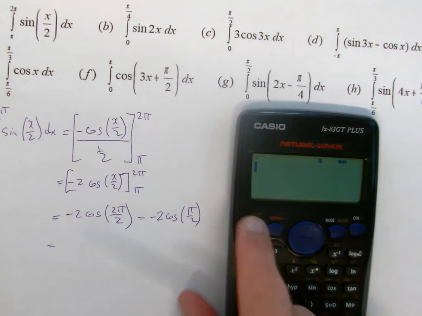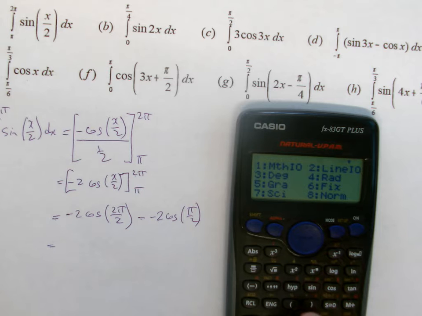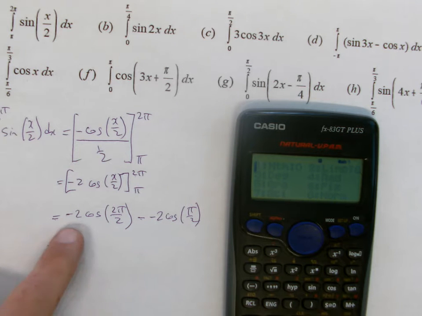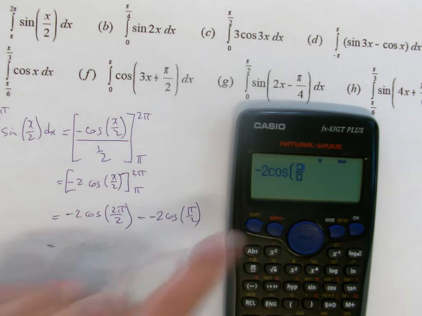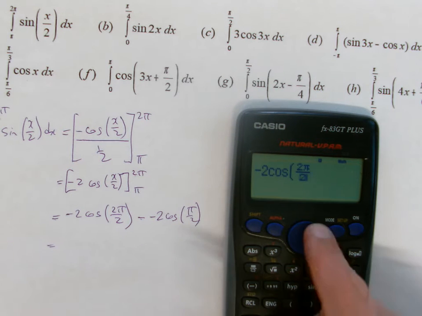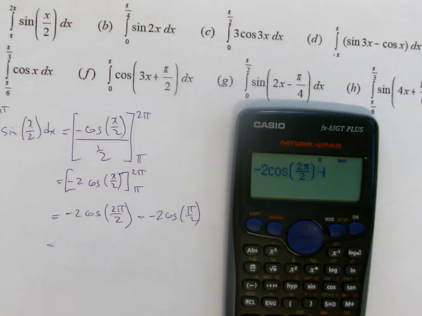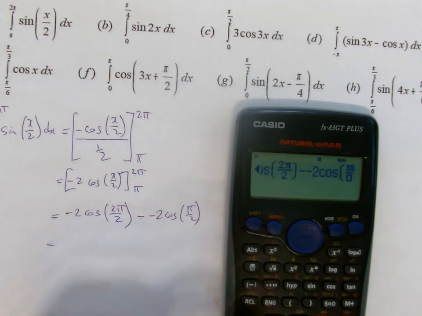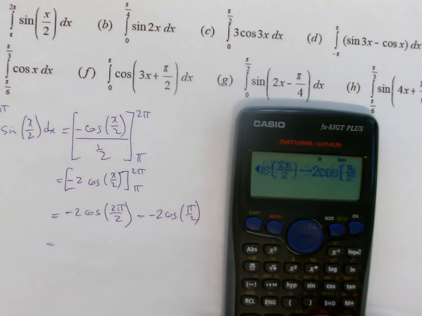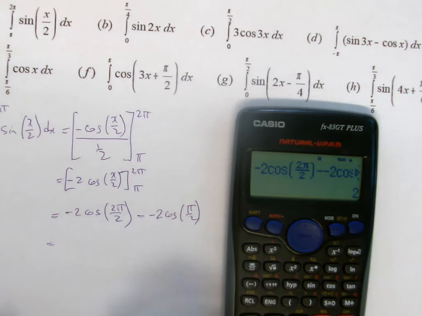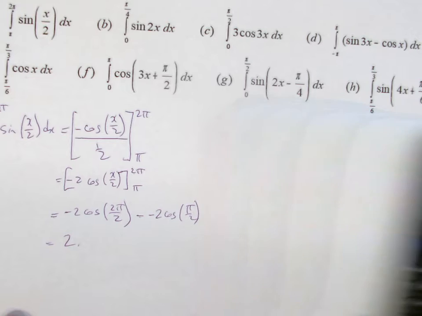If you're not in radian, press shift, mode, and then 4 for radian. So let's put that in: minus 2 cos fraction 2 pi over 2 close, minus 2 cos fraction pi over 2 close, and then you've got your answer. It comes out as 2. That's nice, isn't it?